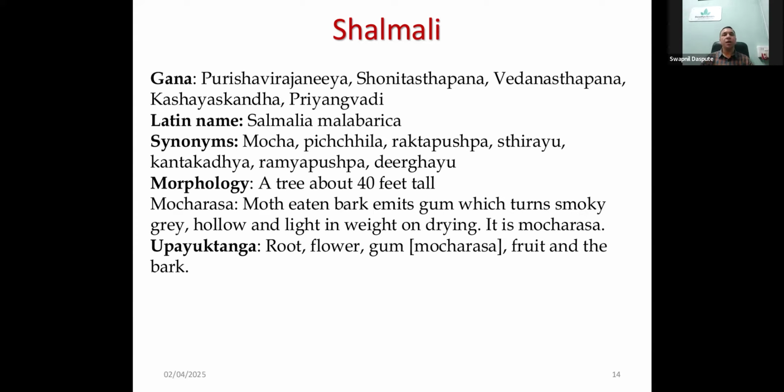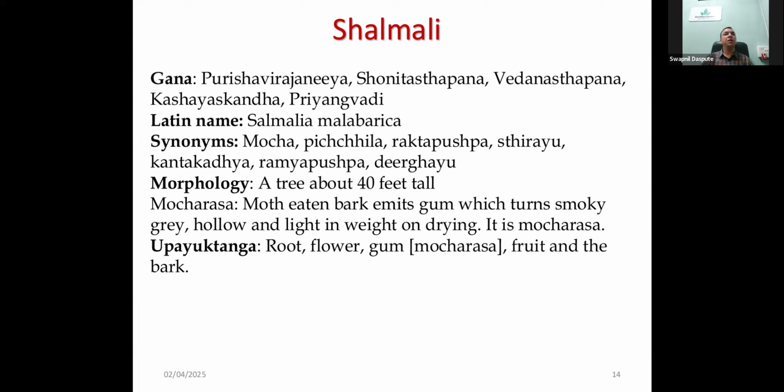So other species are also available. But depending on its availability, its plantation, and the known properties, gunas, rasa, virya, vipaka, it will be included in the pool of herbs which is available. So Salmelia malabarica is usually used in the medicine.